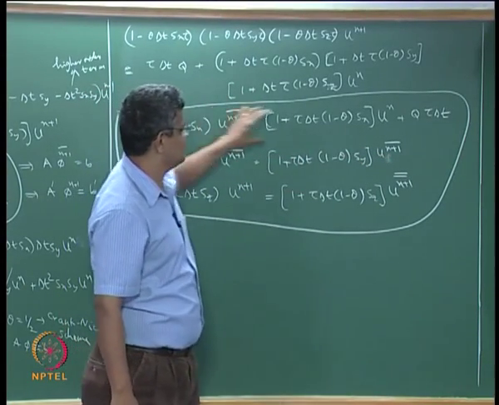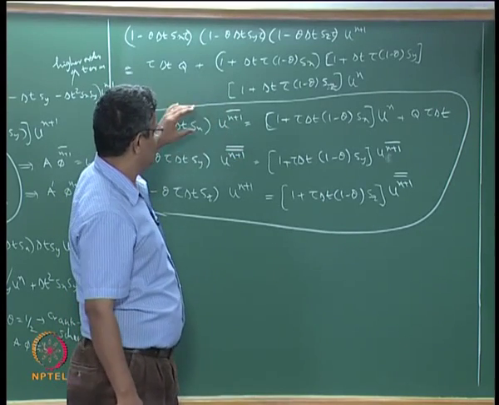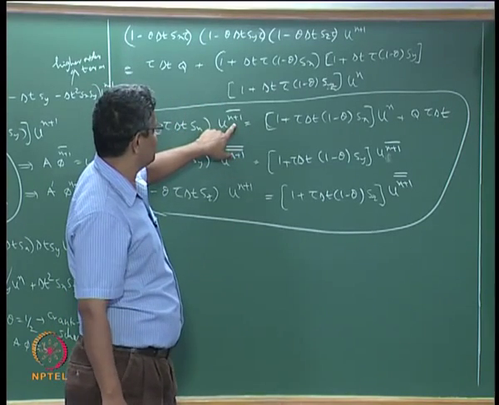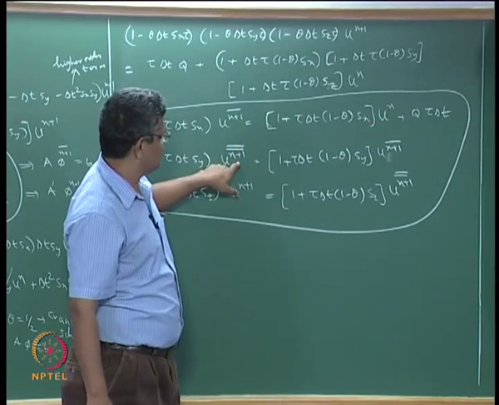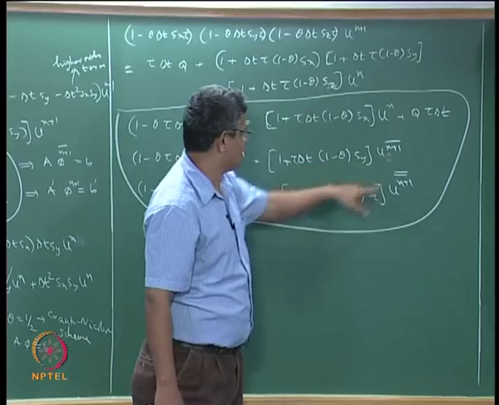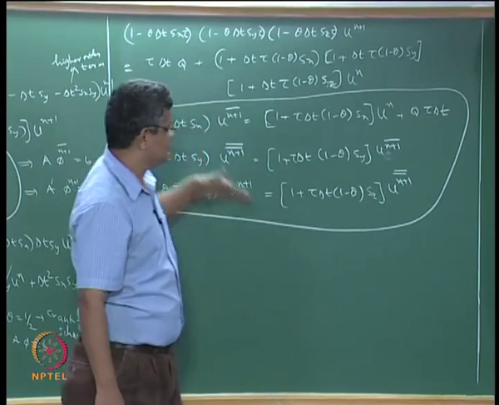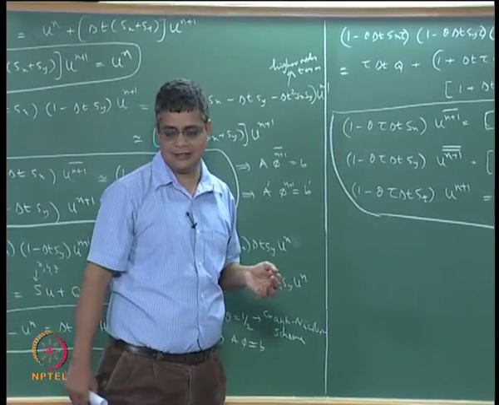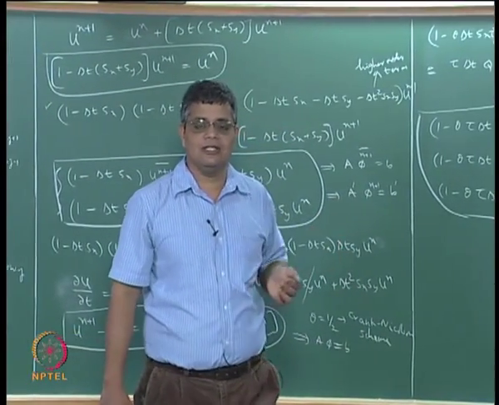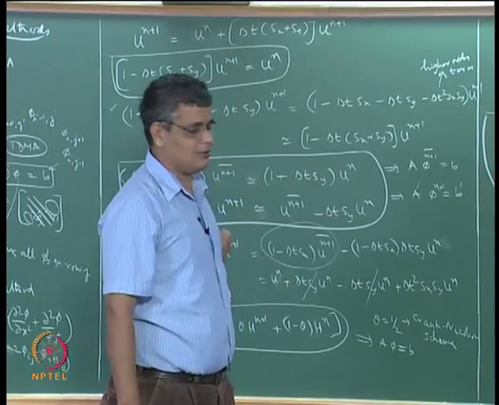So although this is an A phi equal to b type evaluation, essentially this is an explicit step where n plus 1 bar values are expressed in terms of u^n, and this n plus 1 double bar is expressed in terms of n plus 1 bar, and here it is expressed in terms of again known values. So these are 3 explicit steps. So there is a possibility that this is unstable, and one can do the von Neumann type of stability analysis to see whether or not this would converge.